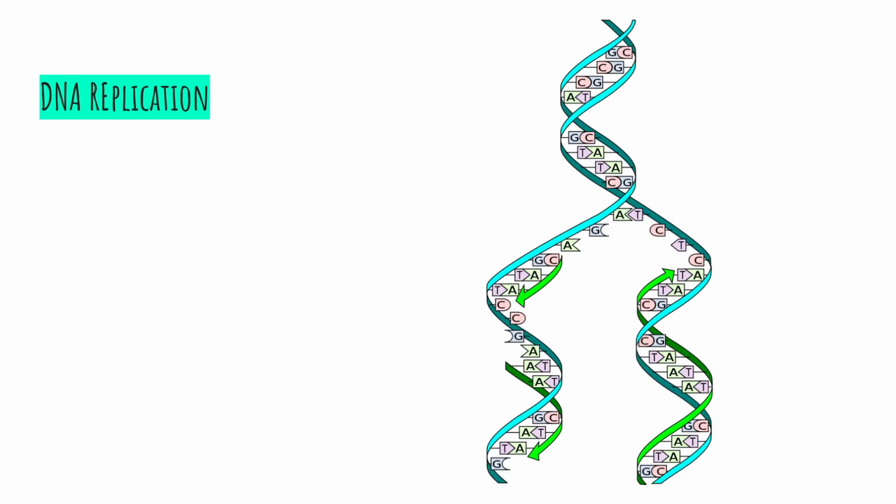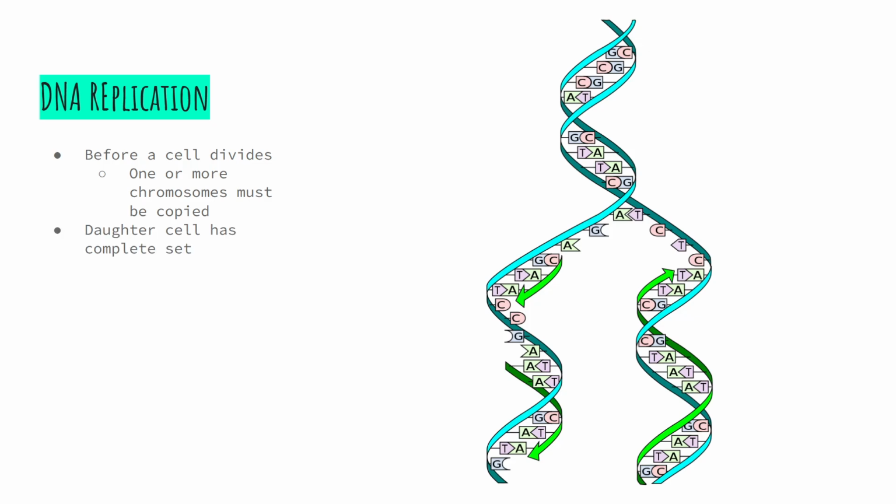Let's get into it. So, before a cell divides, it must possess one or more chromosomes that need to be copied. In humans, we know we have multiple pairs of chromosomes. We should know that number is 23. The daughter cell must have a complete set. If it does not have a complete set of the DNA, the cell will not function, as the DNA is faulty.